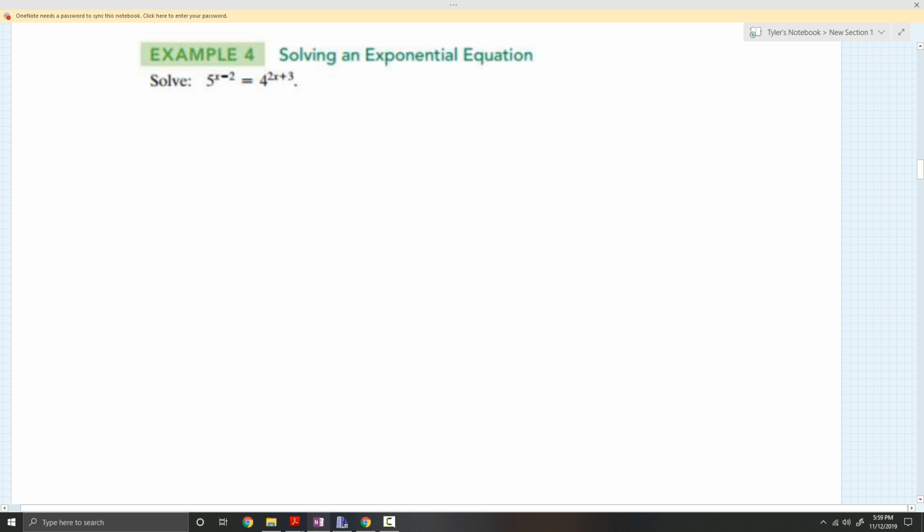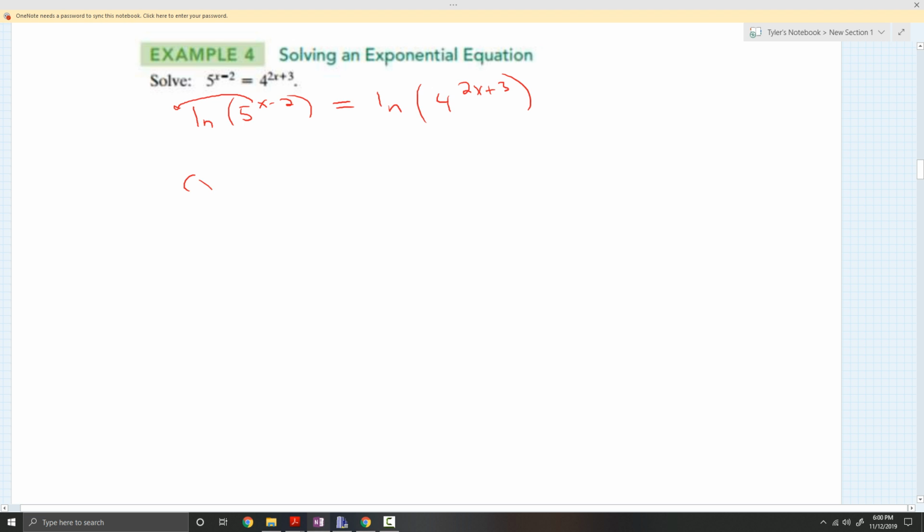So what we want to start by doing is taking the natural log of both sides, right? And remember, the whole idea with that is to be able to get those variables out of the exponent positions. So now I can rewrite by taking those exponents out front as a factor.